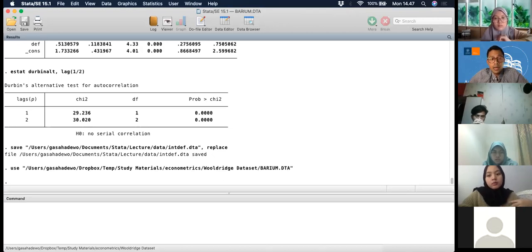So this is data from the study by Krupp and Pollard in 1996. The study analyzed the effects of anti-dumping filings by the US chemical industries on imports of various chemicals. Here we focus on one industrial chemical, barium chloride.